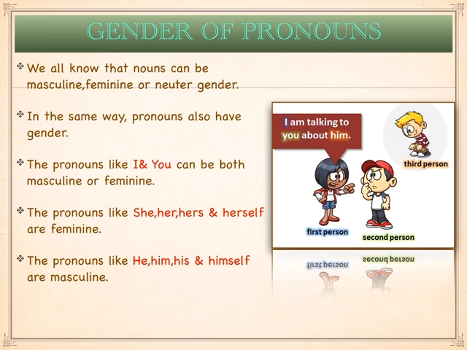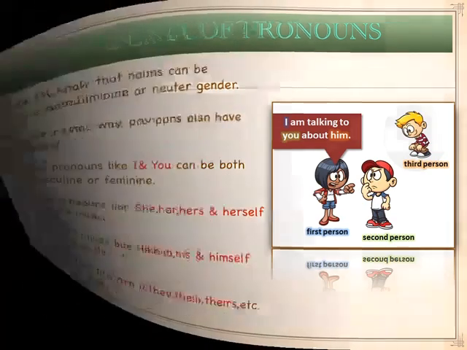So these pronouns represent masculine gender and the pronouns like it, they, them, theirs, etc. are neuter. So these pronouns represent neuter gender. They are used for third person singular and third person plural.